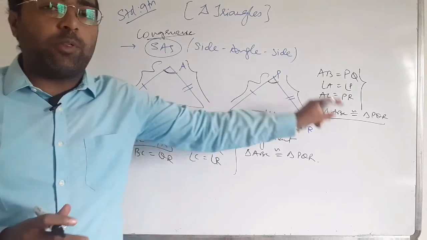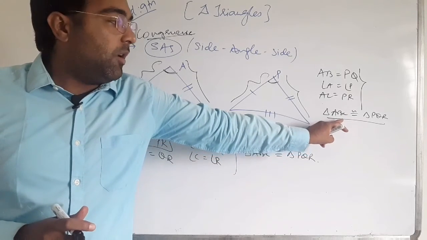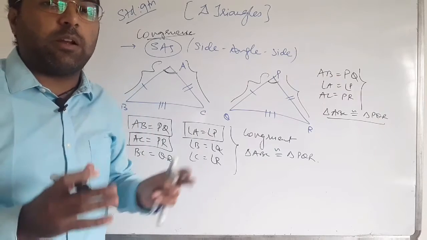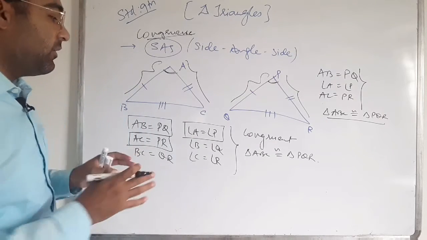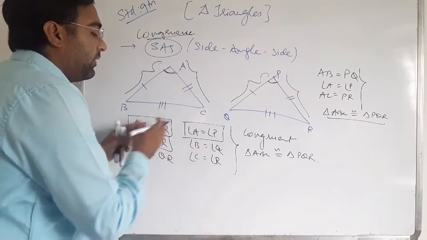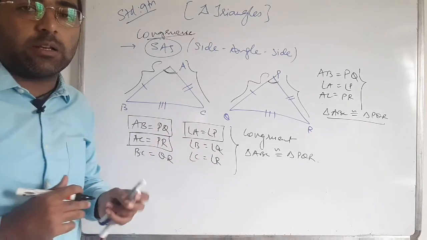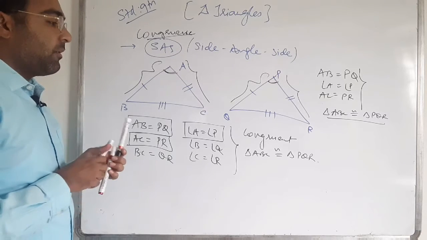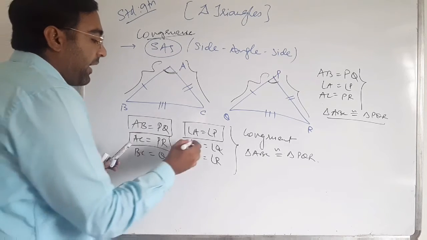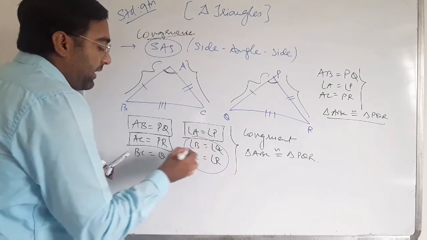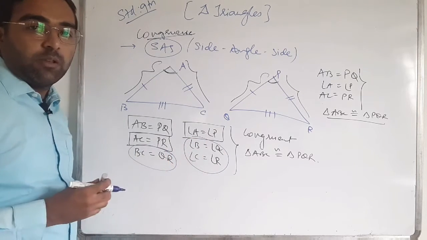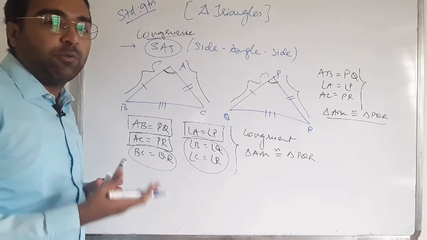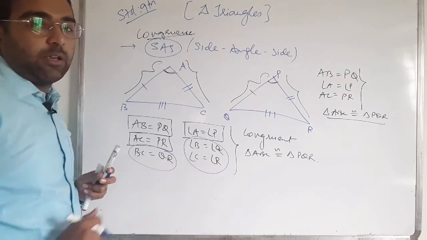If triangle ABC is congruent to triangle PQR, then all the sides and all the angles of both triangles are equal. Now, how do we write that the remaining angles and remaining sides are equal? By which rule or statement do we write that the remaining parts are equal?